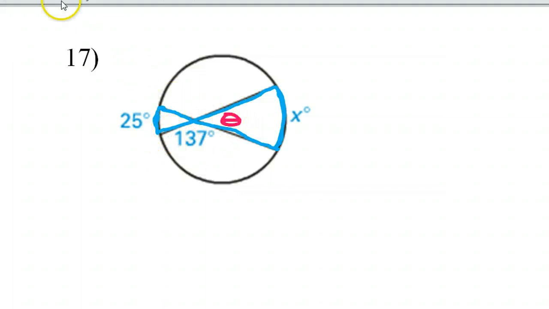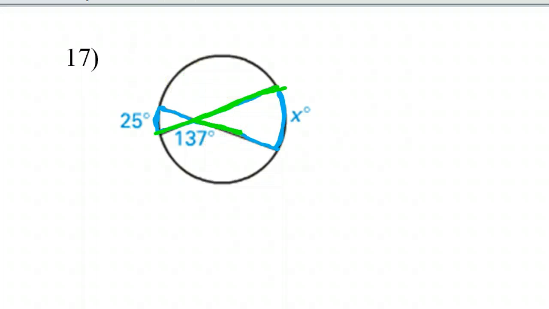And the way I do that is I recognize a straight line when I see one. Anytime you have a straight line like this one I just drew in green, if I split it up like this, together these angles make 180 degrees. A straight line is always a total of 180.